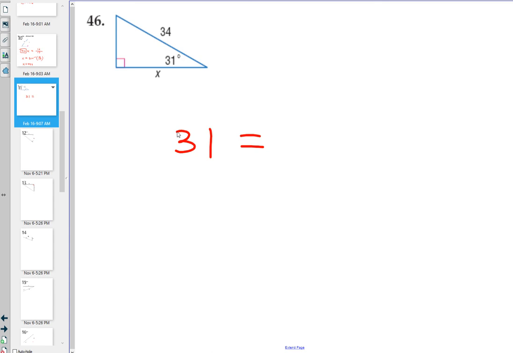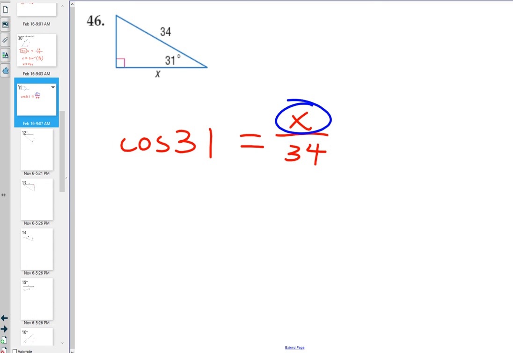So what trig ratio relates adjacent with hypotenuse? Cosine. So I'm going to write cosine 31. Adjacent has to go on top. Who remembers from a week ago, where I taught you a secret? If what you're looking for is on the top, you can isolate that quickly.